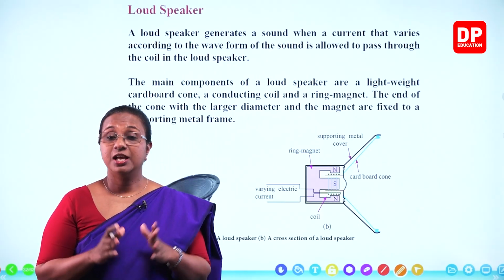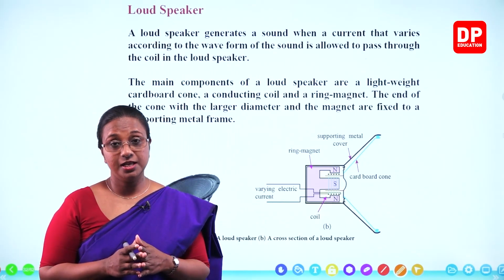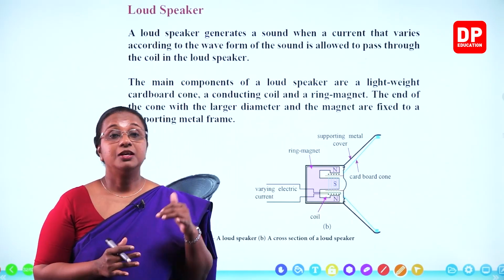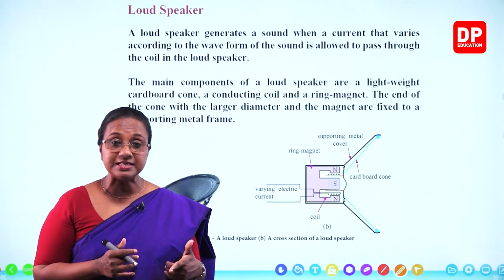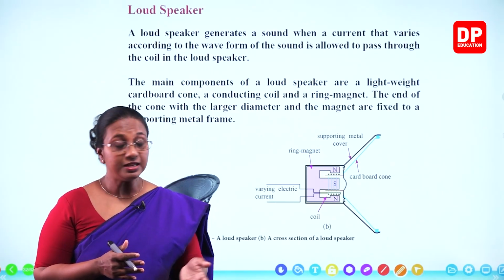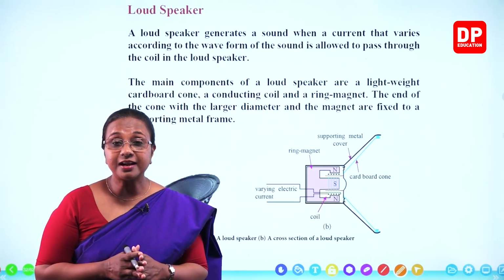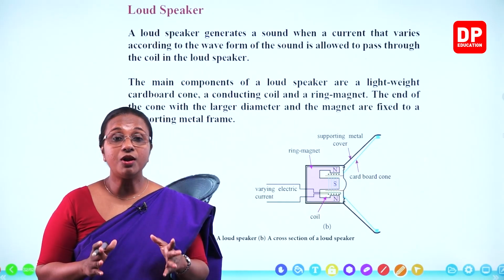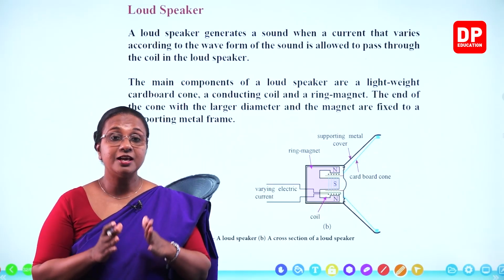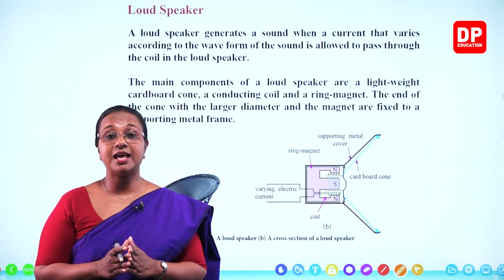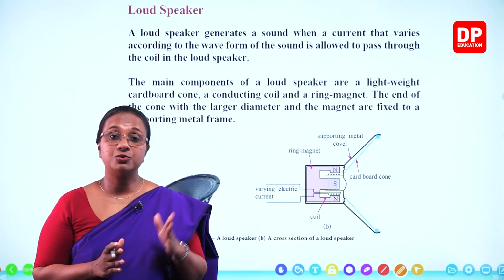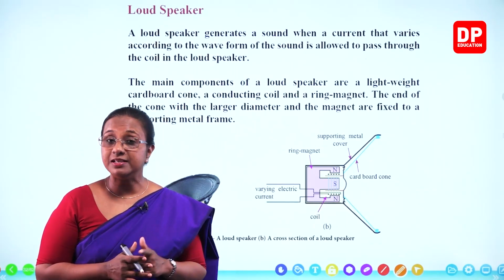Based on that, you all know there are many different instruments and devices that use this particular principle. You all remember the analog voltmeter and ammeter, the galvanometer, the loudspeaker and the direct current motors. They all function based on this principle. That is, a force is generated when a current flows through a current carrying conductor placed in a magnetic field, and the direction of the force can be determined using Fleming's left-hand rule.